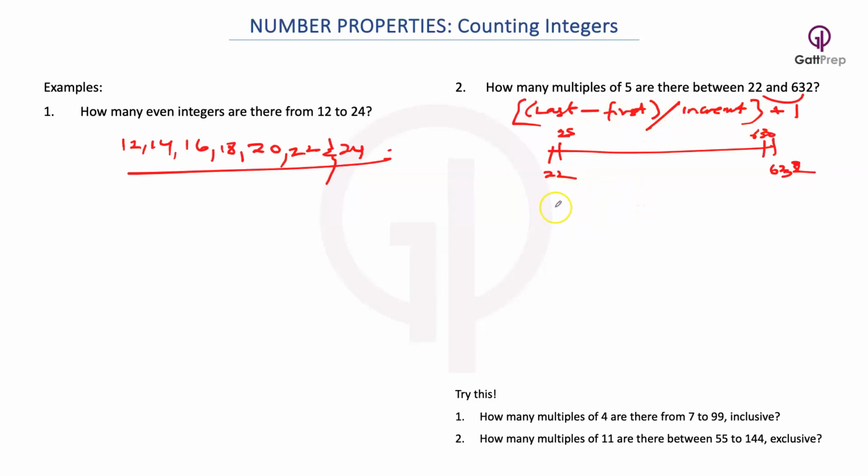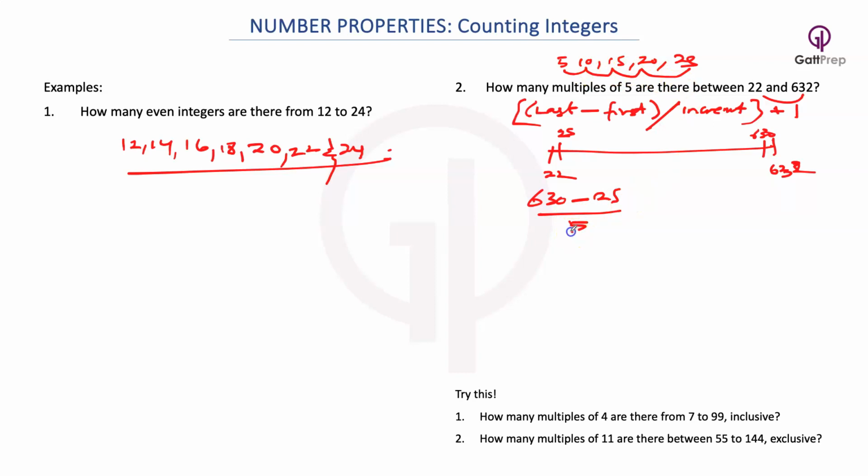And so here you have the last number being 630 and the first number being 25, all divided by the increment, which is 5, because here we are looking at multiples of 5. 5 times 1 is 5, 5 times 2 is 10, 5 times 3 is 15, 5 times 4 is 20, 5 times 5 is 25. So you realize that the increment is 5. It jumps by 5. 5 plus 5 is 10, 10 plus 5 is 15, 15 plus 5 is 20.